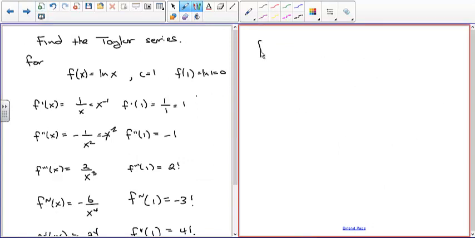So what it says is for a Taylor series, you take f of c, whatever c is.